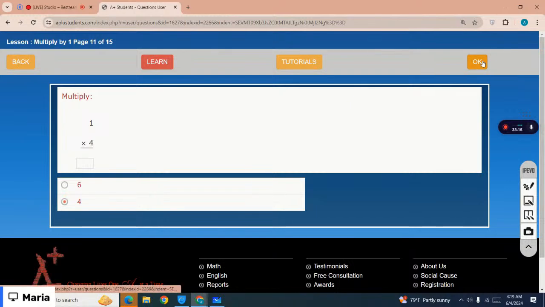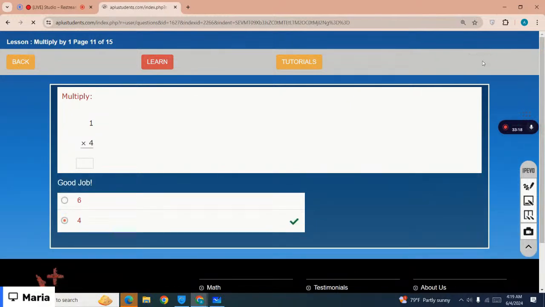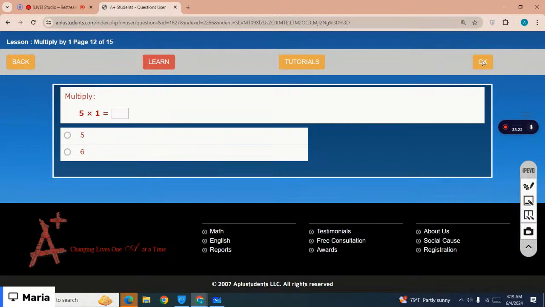The correct option is 4. 5 times 1 is 5.